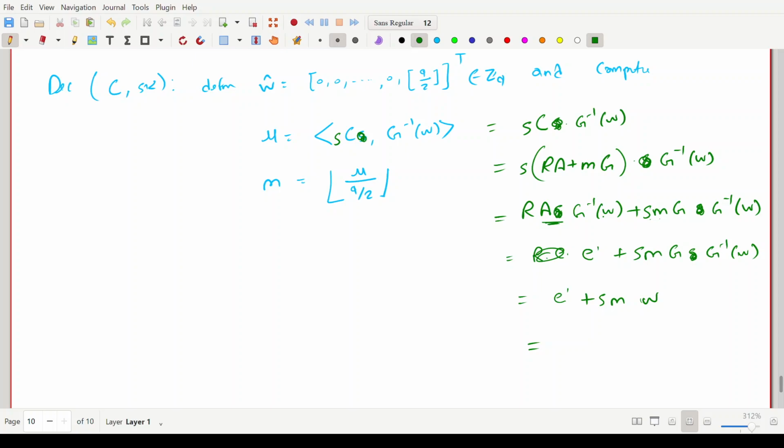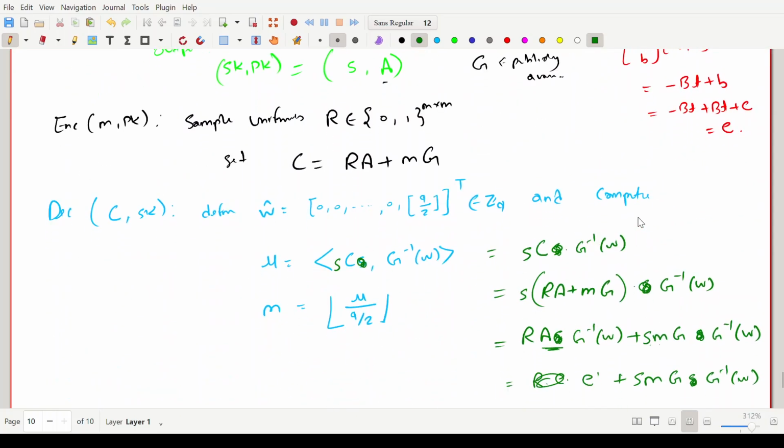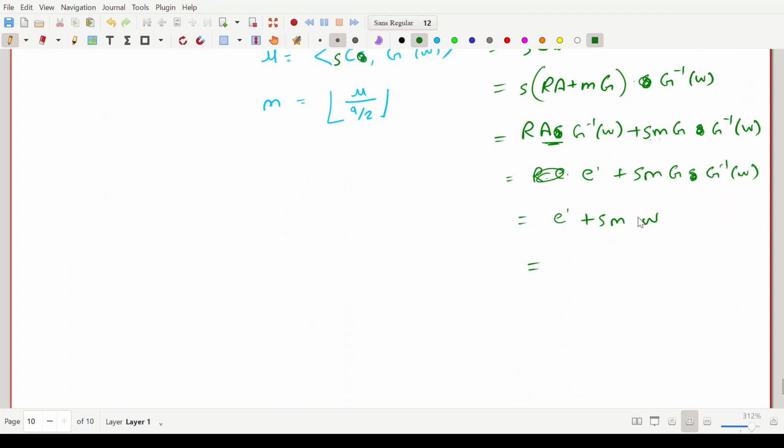So what is your S? This S will go away or not? S is minus t comma 1. So what is your S actually? It is minus t comma 1, and you have to multiply your message and then W. W is what? This guy. Everybody is 0 and the last term is q by 2, something like this.